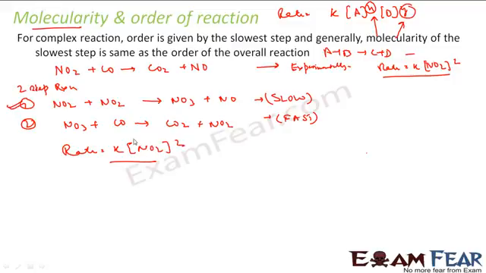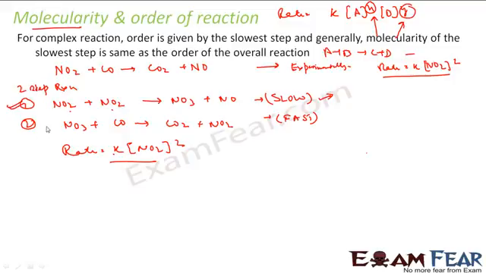Using the concept of molecularity, we found the simple steps for this complex reaction, and we found the slowest step, and we found that rate is nothing but k into [NO2]^2 because there are two NO2 molecules.